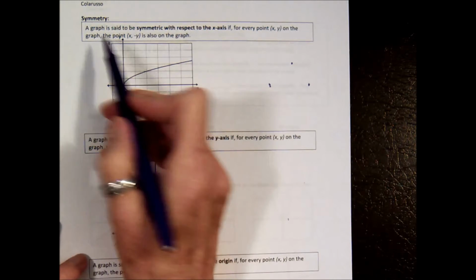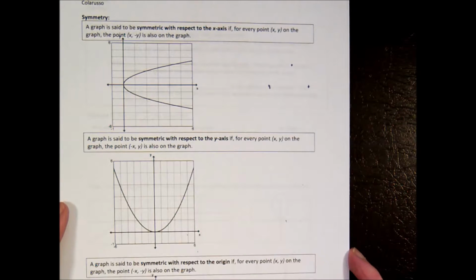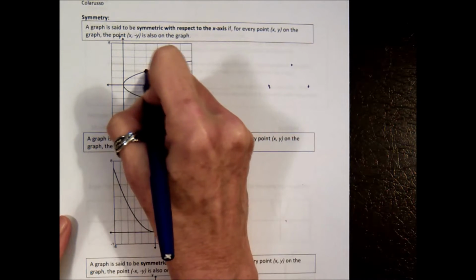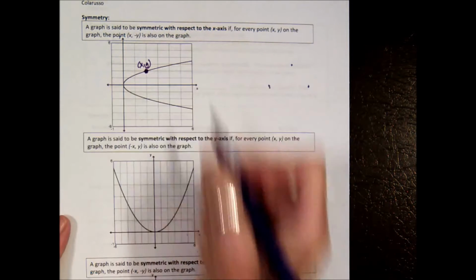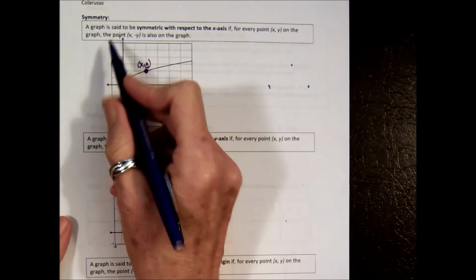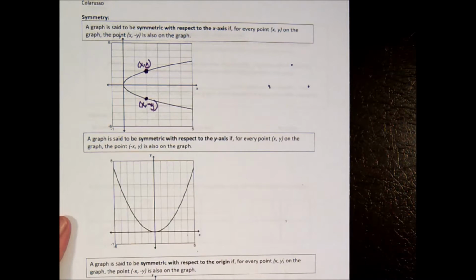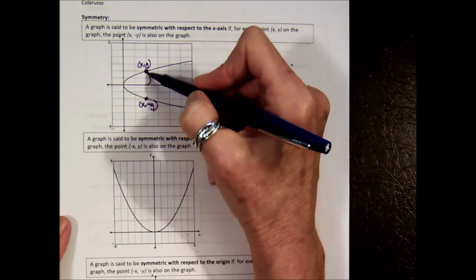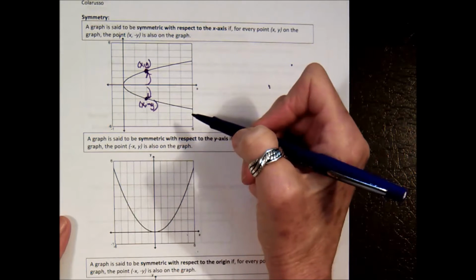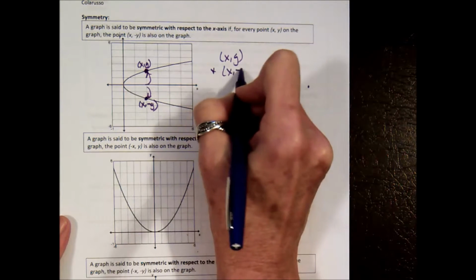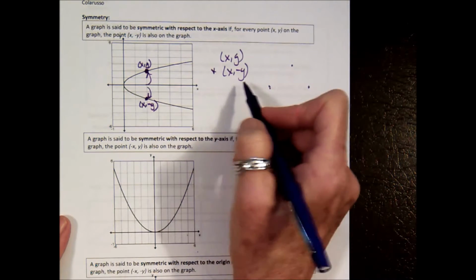First off, a graph is said to be symmetric with respect to the x-axis if for every point x, y, let's take this point right here, x, y, on the graph, you also have the point x, -y on the graph. So they are symmetric across the x-axis. So you have the point x, y and x, -y. If they both are on the graph, then it is symmetric with respect to the x-axis.